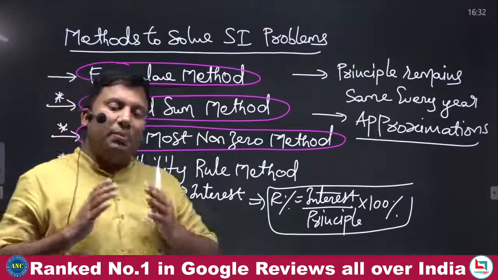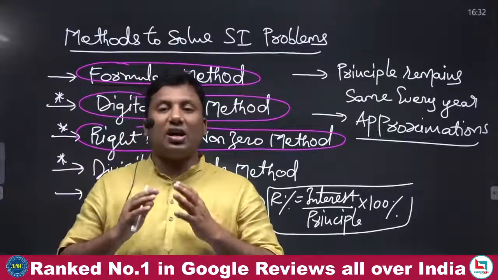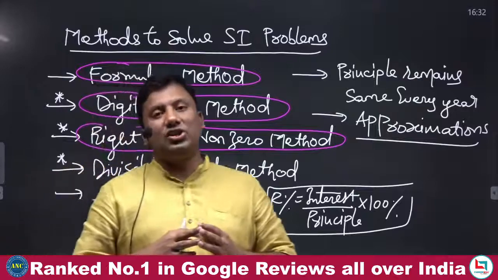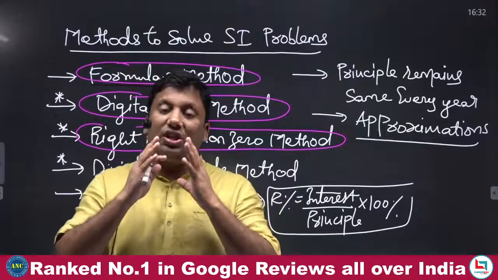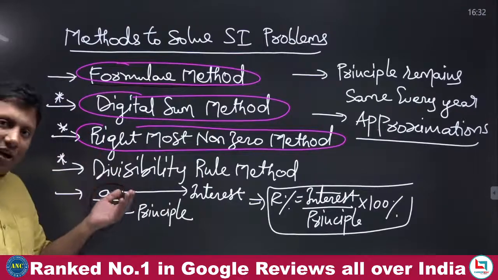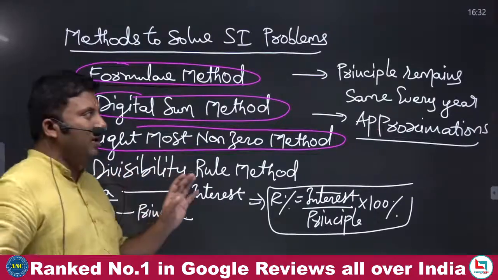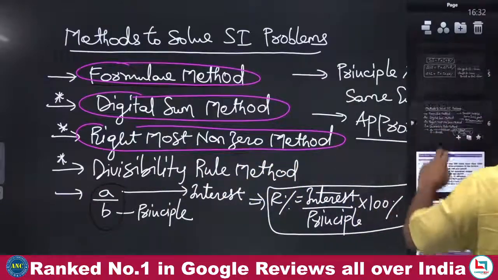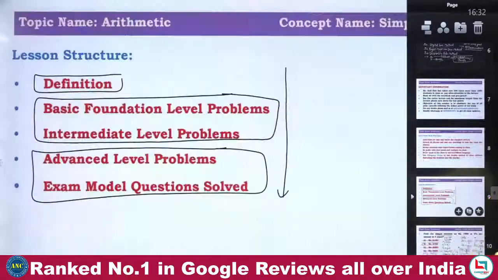Whenever there is a question based on percentage increase or percentage decrease, the denominator always denotes the initial value and the numerator denotes the change. The final value is given by denominator plus numerator or denominator minus numerator. So these are the various problems which we solved. Let me do a recap.